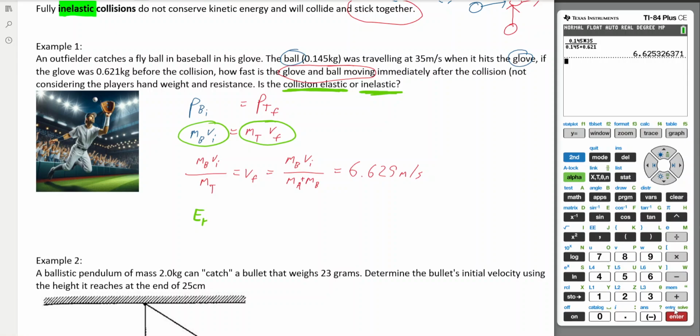So kinetic energy initial is mBVI squared over 2, because it's mv squared over 2. And then same sort of thing for the kinetic energy final.